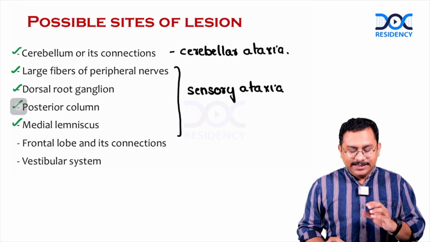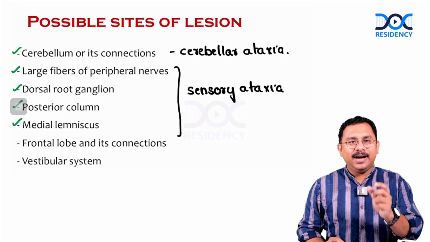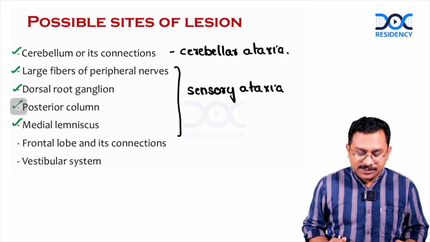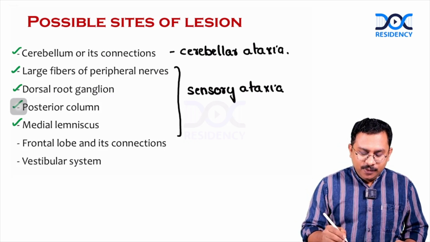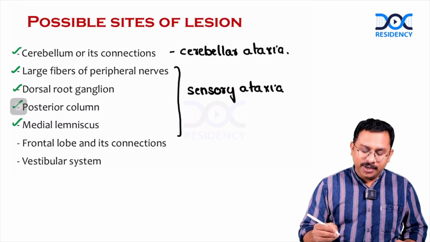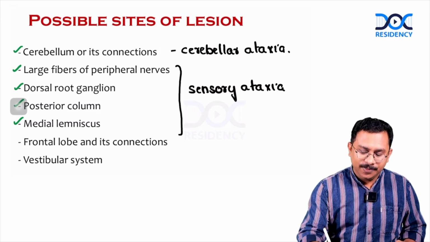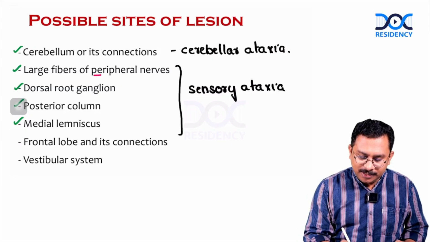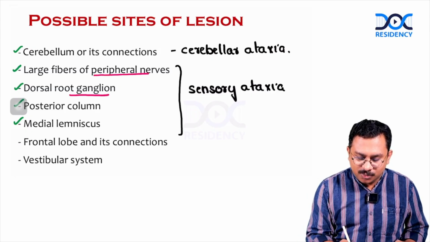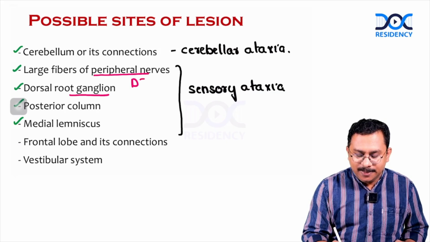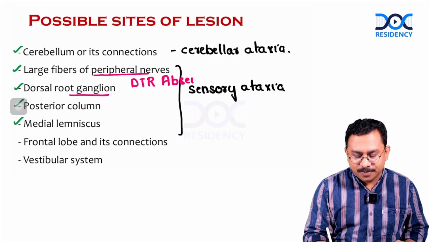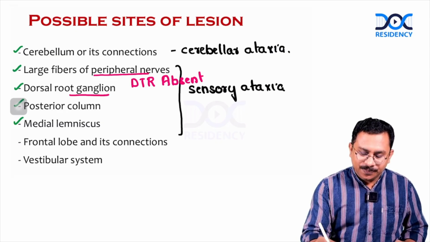Among these sites, you will still have certain differentiating points. If you have a lesion involving the large fibers of peripheral nerves or the dorsal root ganglion, the deep tendon reflexes will be absent, in the first two.